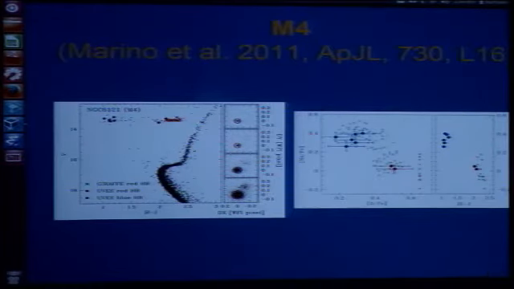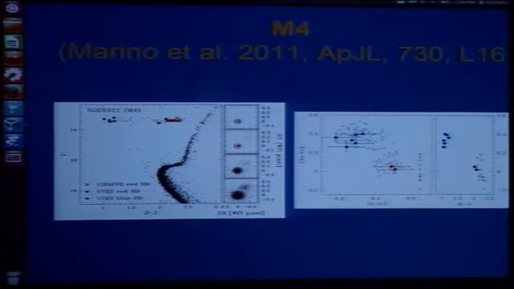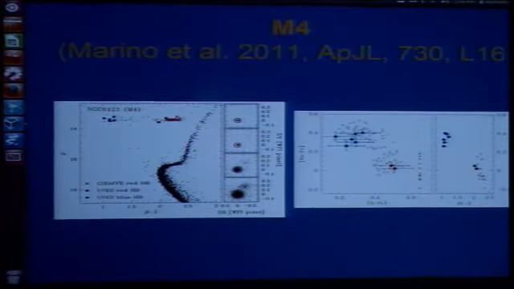This is the result that Fabiola obtained. You see that the stars on the red part are sodium poor and oxygen rich. The stars on the blue part are indeed oxygen poor and sodium rich, as expected from this general idea.